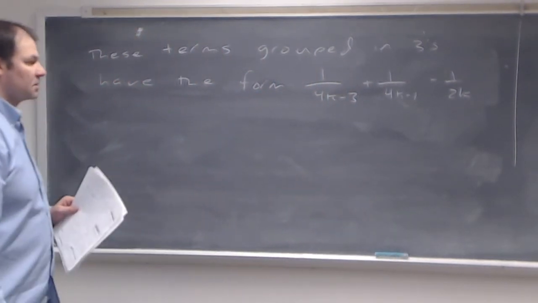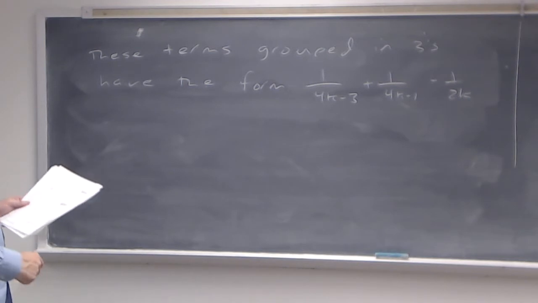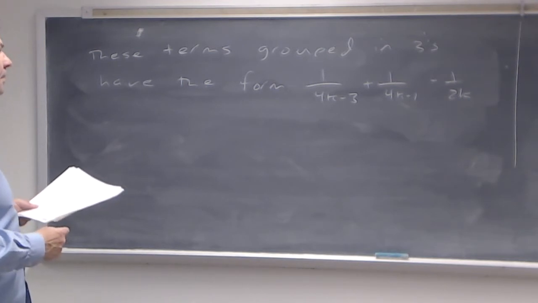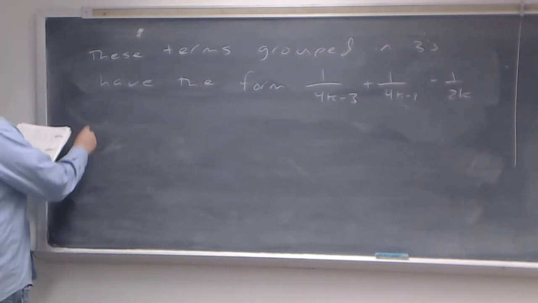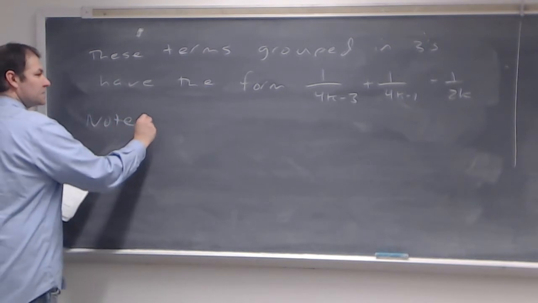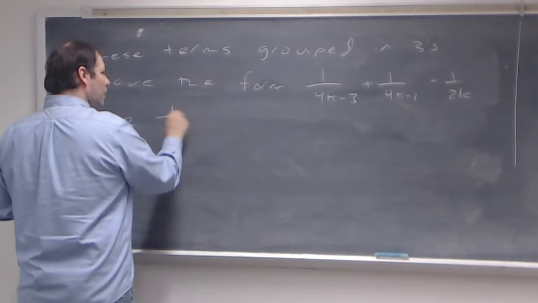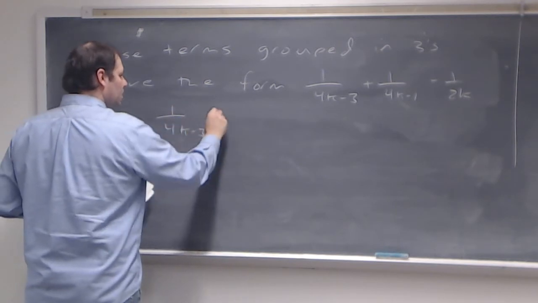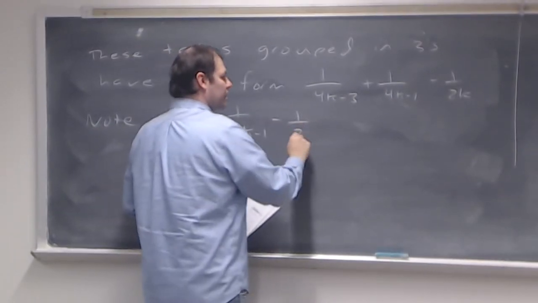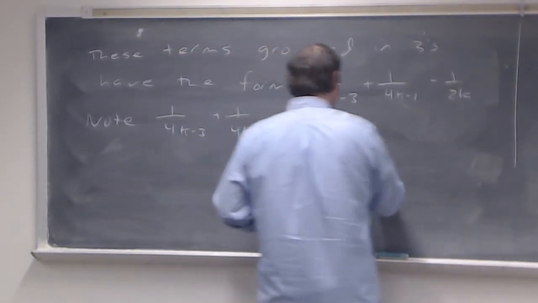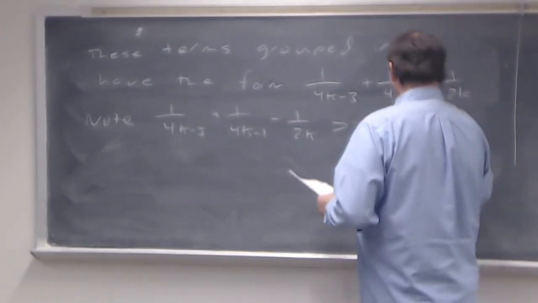That's what the terms look like, grouped in terms of three things at a time. So the thing to notice is that 1 over 4k minus 3 plus 1 over 4k minus 1 over 2k is going to be greater than 0. You can use algebra to show that. So here's what we have.